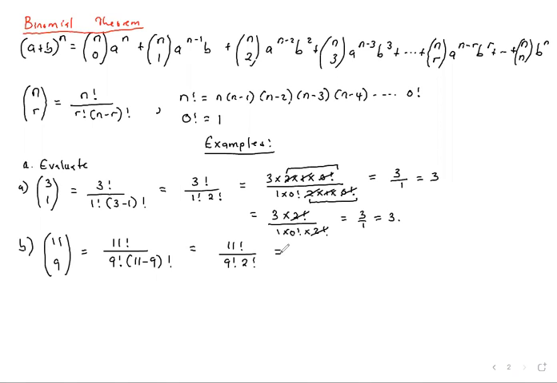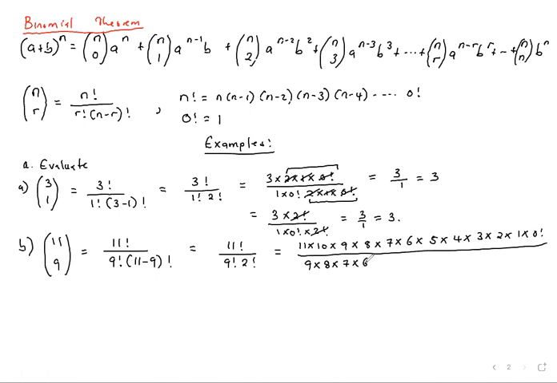Now, if you don't want to be doing this, what will happen is that you have to say 11 by 10 by 9 by 8 by 7 by 6 by 5 by 4 by 3 by 2 by 1 by 0 factorial, over, you come down and say 9 by 8 by 7 by 6 by 5 by 4 by 3 by 2 by 1 by 0 factorial multiplied by 2 by 1 by 0 factorial.